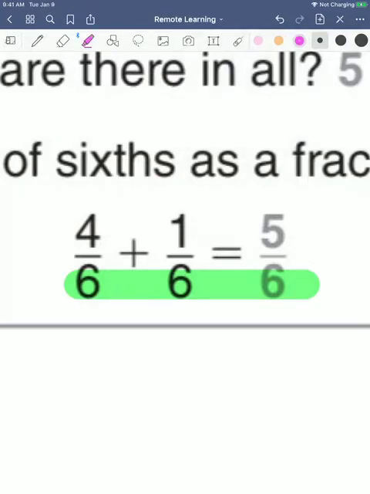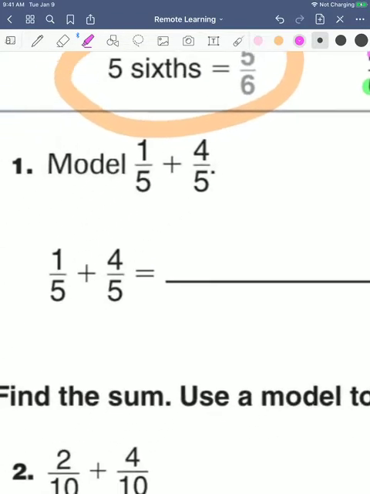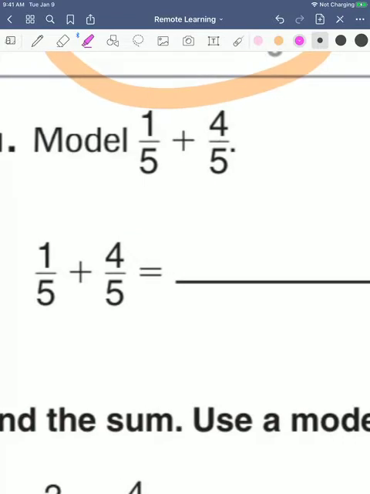But what happens up top is I do 4 plus 1 equals 5. So I do the addition on the top or in the numerator, and on the bottom, I just leave the number the same. So let's use that information to do it here.